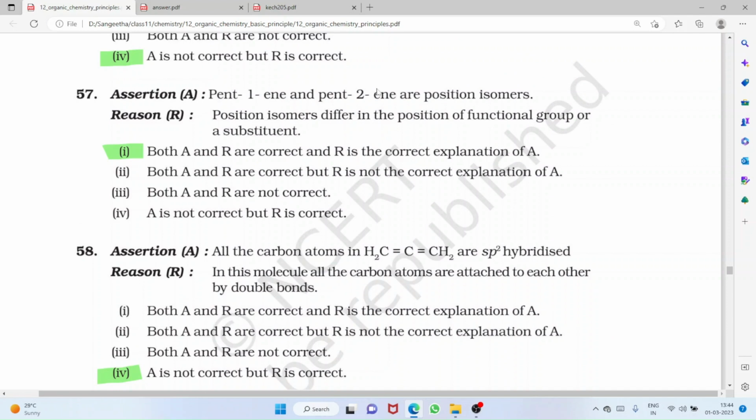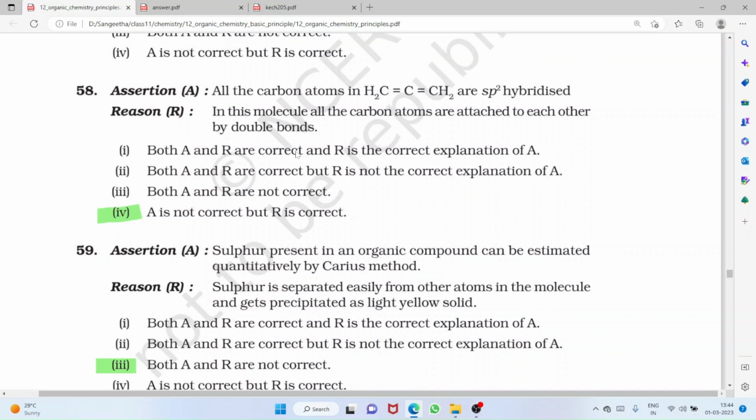Position isomers differ in the position of the functional group. What is a substituent? Both A and R are correct, and R is the correct explanation of A. All carbon atoms are sp3: this is wrong.